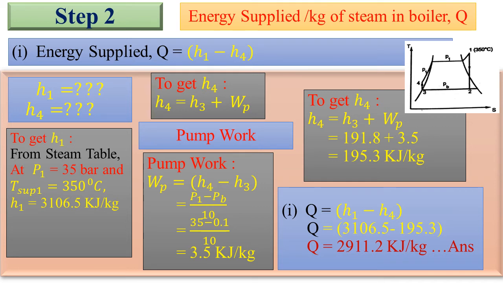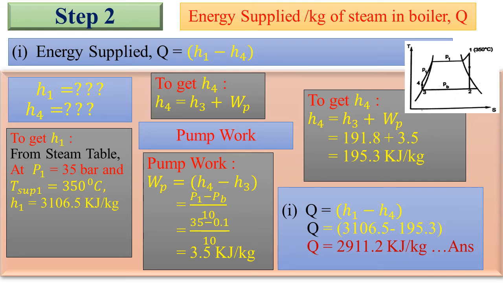H4 we have calculated by using the pump work formula, that is 195.3 kilojoule per kg. Both answers should be in the same unit. We will substitute: energy supplied is equal to H1 minus H4, that is 3106.5 minus 195.3, and we get the answer energy supplied is equal to 2911.2 kilojoule per kg.